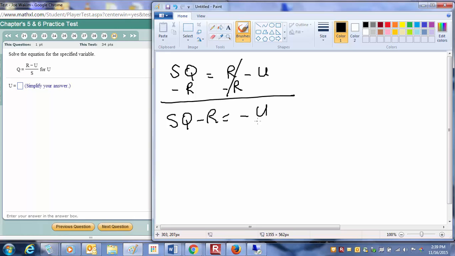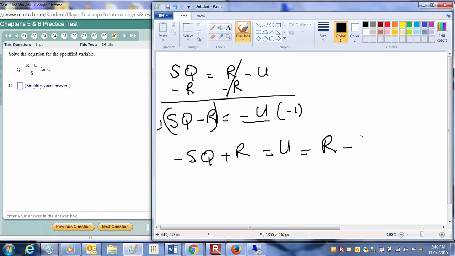We don't care about negative u, we care about u. Let's multiply both sides by negative 1. Then you will end up with negative SQ plus R equals U, and you can change it to R minus SQ as the final answer.